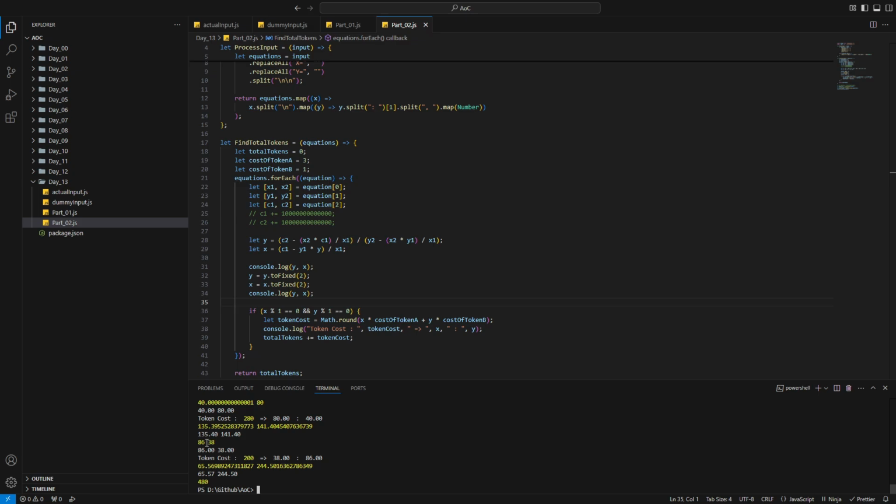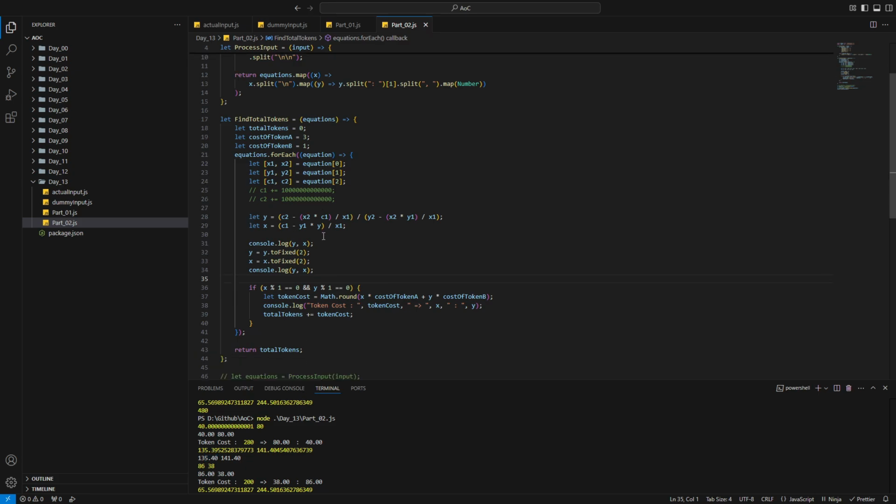So this becomes 40, this becomes 80, this becomes 135.40, etc. And then when we come to this, if we do x modulo 1, if there's anything on the floating point side, that will become the remainder, so it will not be 0, and so we can get only the ones that we need. That's how this is done.